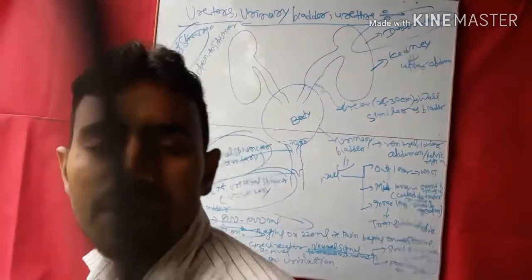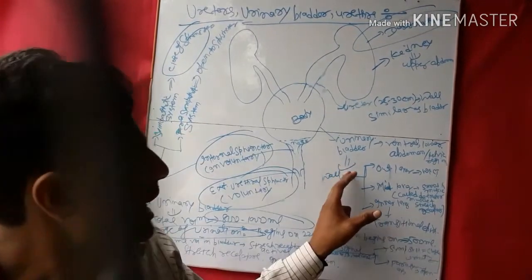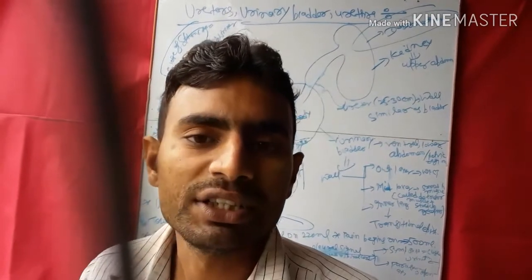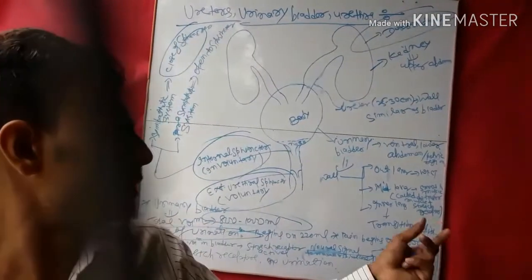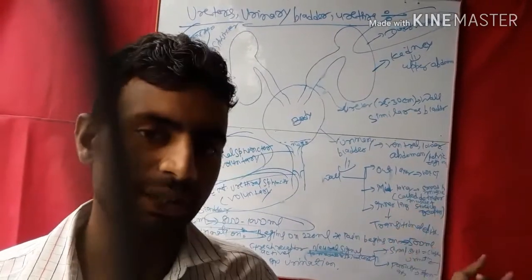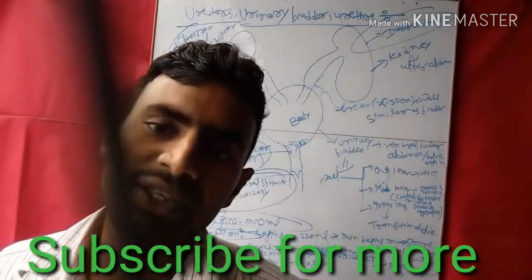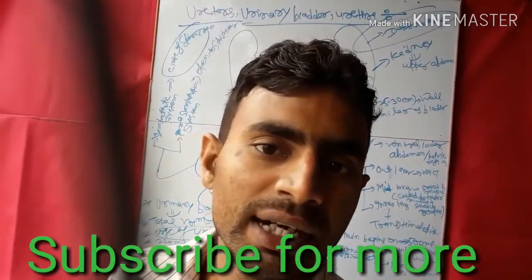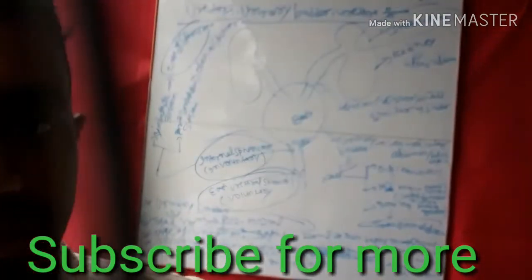The outer layer is made by white fiber connective tissue. The middle layer is made by smooth muscle called detrusor muscle plus stretch receptors. And the inner layer is made by transitional epithelium.